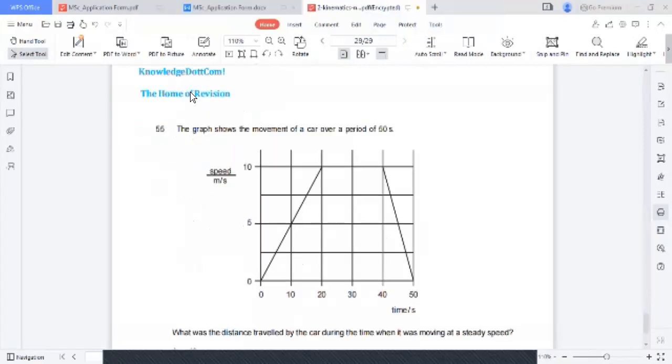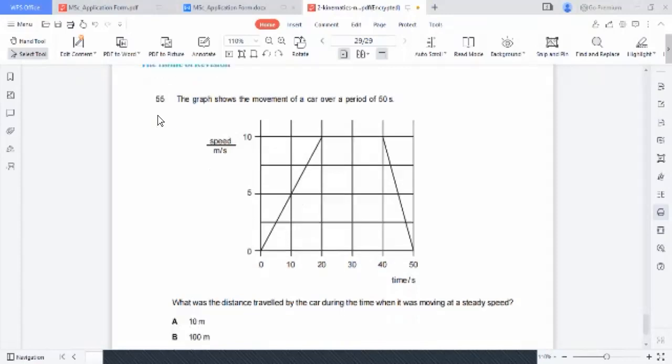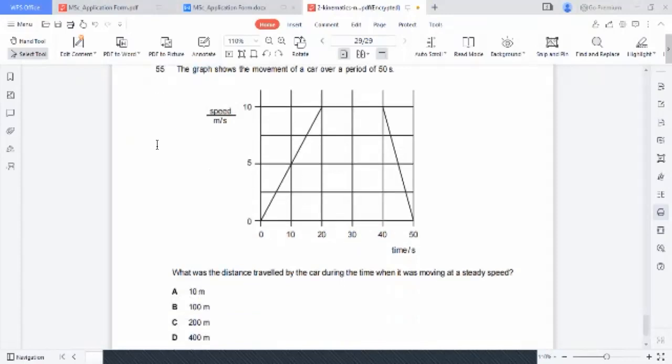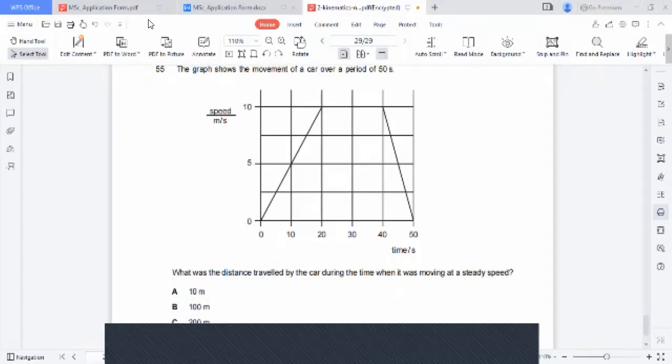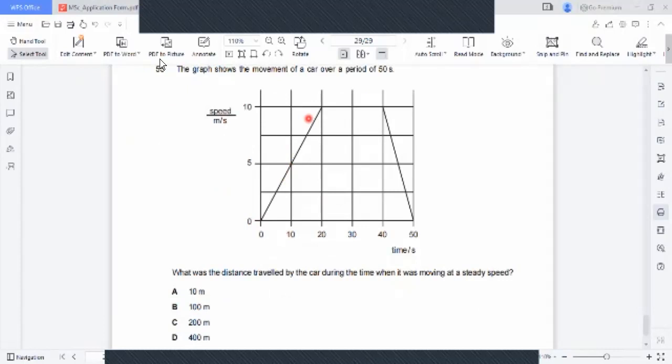Okay, let's move to 55. The graph shows the movement of a car over a period of 50 seconds. What is the distance traveled by the car during the time when it is moving with steady speed? Steady speed means constant speed. So let's see the graph. During this period from 0 till 20, the speed of the object is increasing.